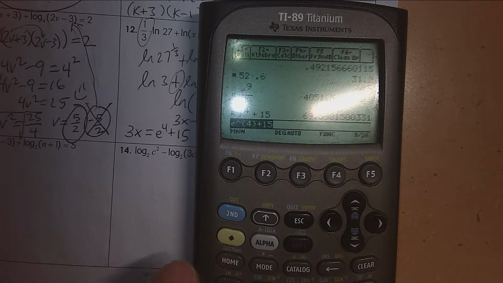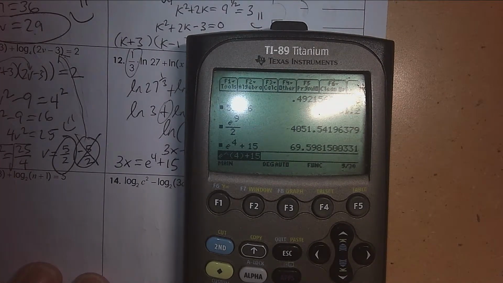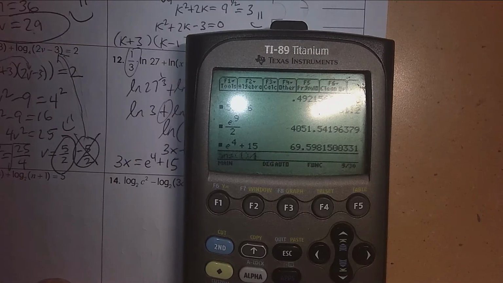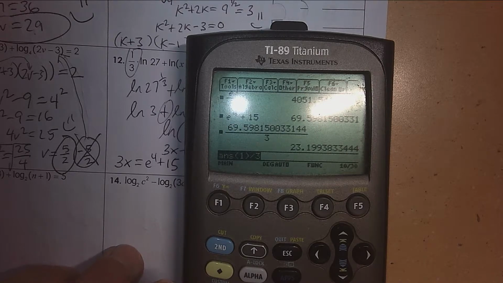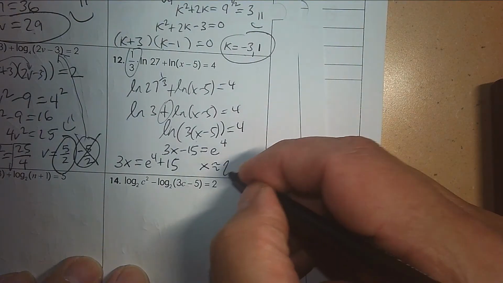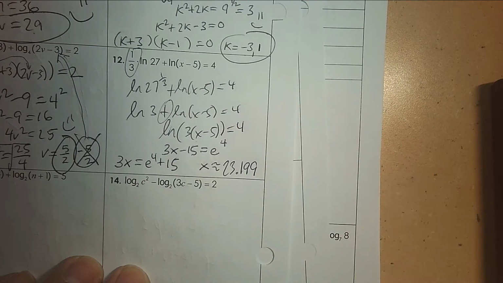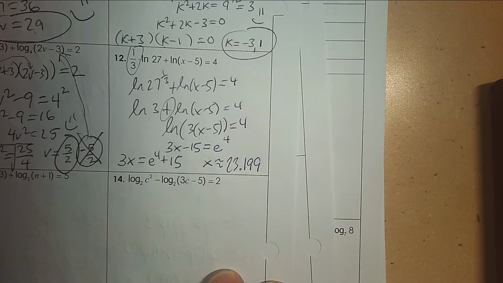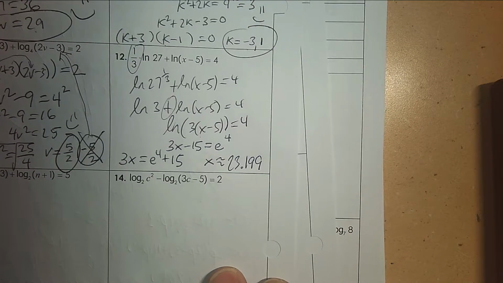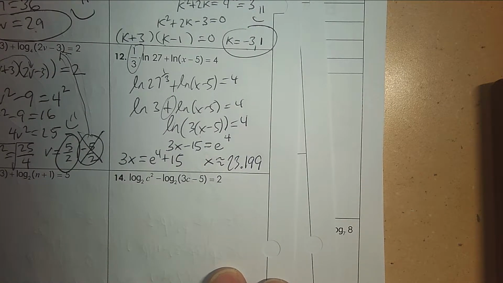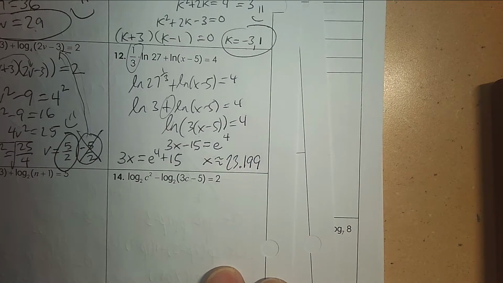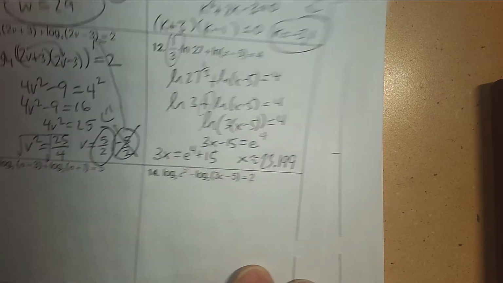And then what that answer is, you divide that answer by 3. And you get 23.199. Are you able to use your calculator to get that answer? These next days going forward, we need to be comfortable with our calculator to know where E is, ln is, to do a logarithm.